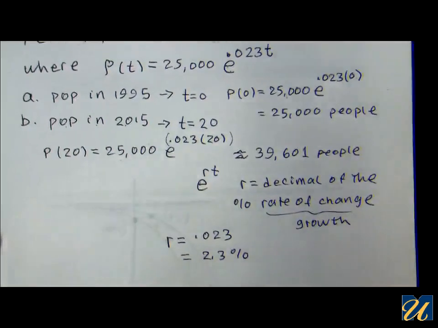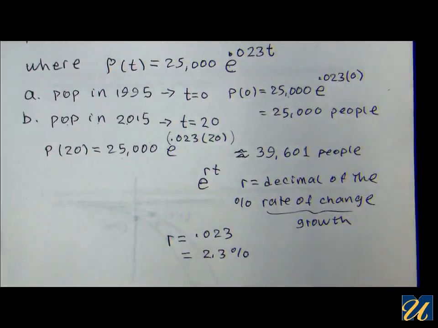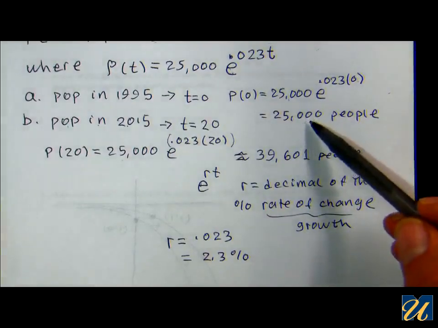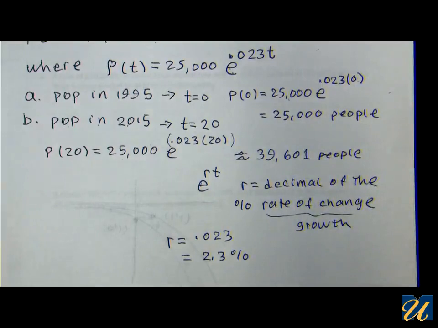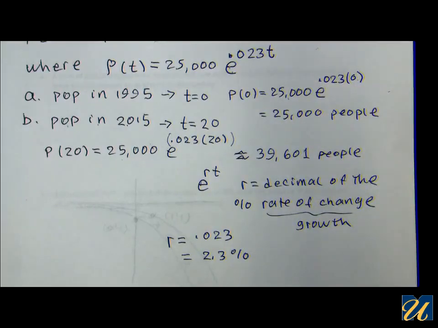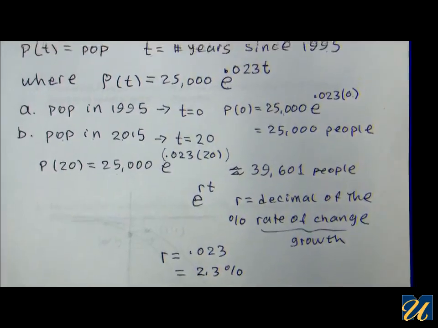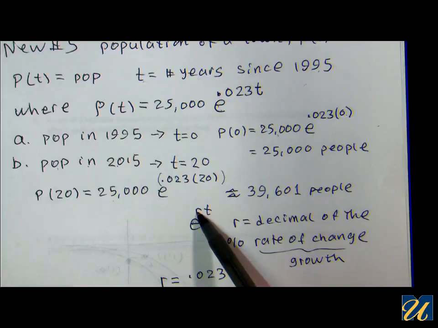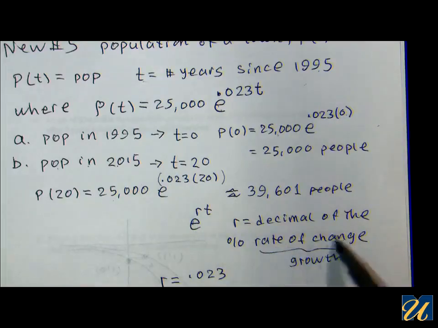So the population is growing by 2.3%, and that's why it's increasing from 25,000 to 39,601. You would wonder then what would make the population decrease, and I'll tell you that that would be if the R value here is negative. If you have a negative value here for the R, then the rate of change will be decrease, and the population will be going down.